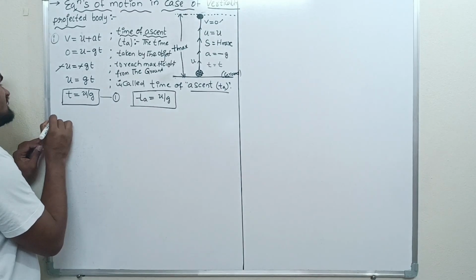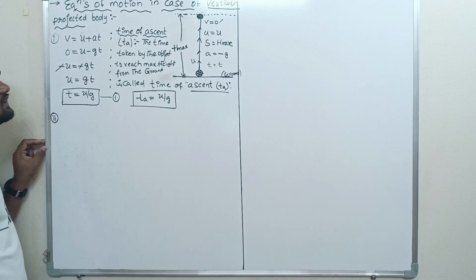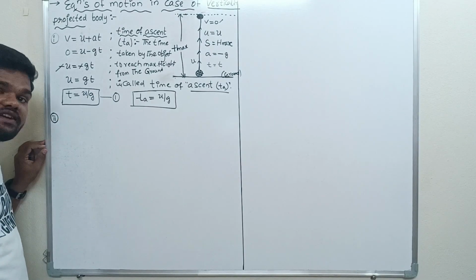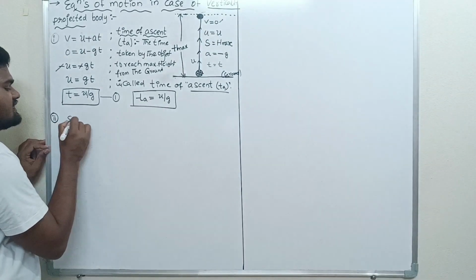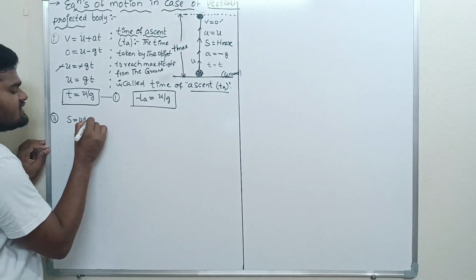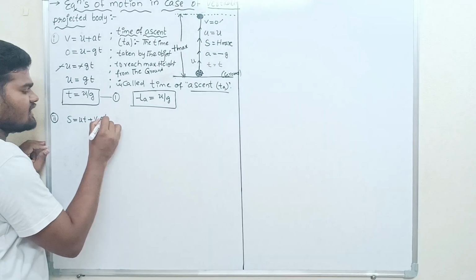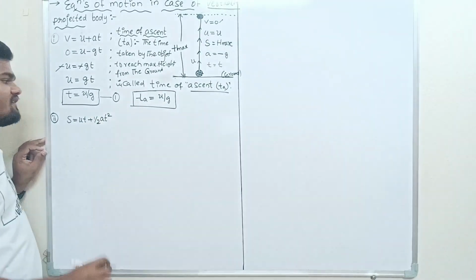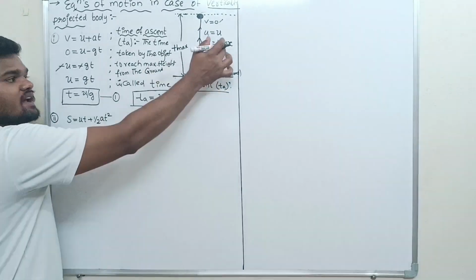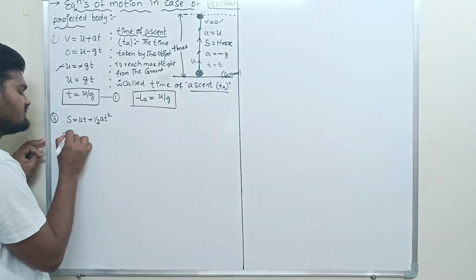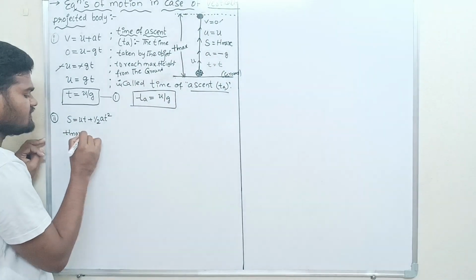Now the second equation of motion: s = ut + half at squared. Here the displacement is the maximum height. I'm substituting all the values.